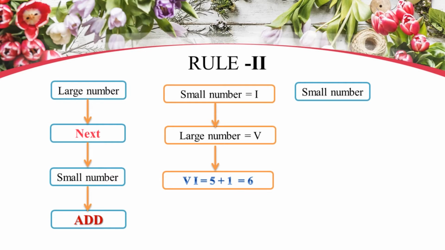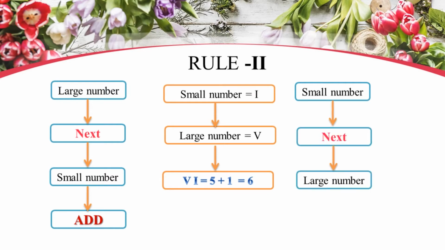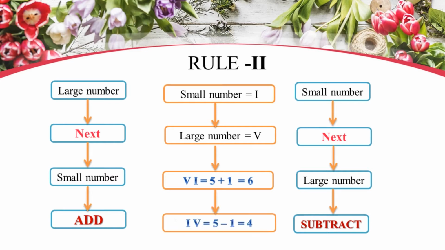Next, when a smaller number is followed by a larger number, we subtract their values. I, V. Here the smaller number is next to the larger number, so we subtract the smaller number from the larger number. Therefore 5 minus 1 equals 4.